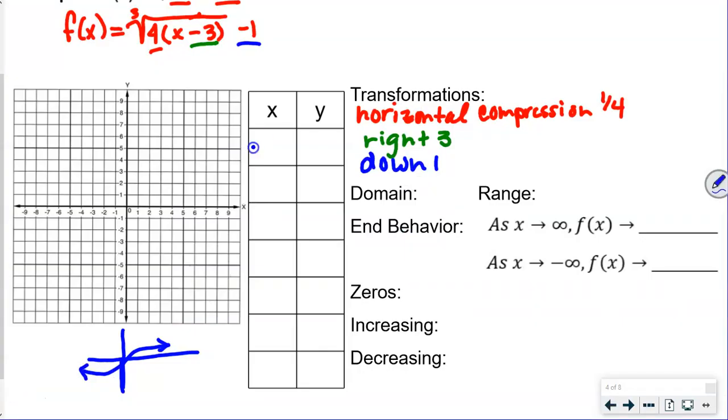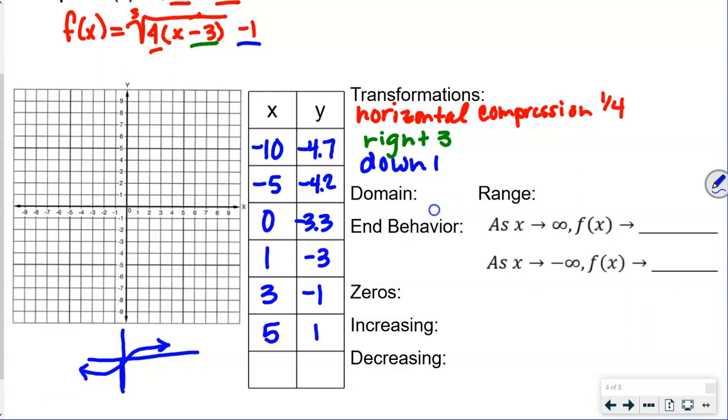So I'm going to take some of these values that we got. When we did -10, we got -4.7. When we had -5, we got -4.2. And 0 was -3.3. And then we had some whole number ones. We had 1, -3. We had 3, -1. And then we had 5, 1. And 10 was at 10, 2.04, something like that. So we're just going to say it's 2.